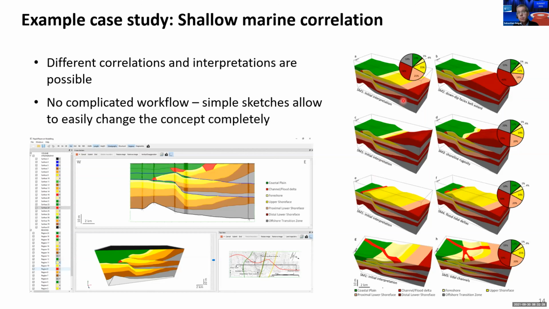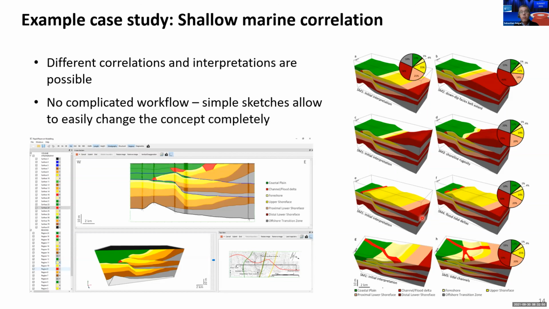As we're building these models, and it takes us minutes to build them, we immediately get feedback on the volumetric properties of the different facies. You see how the amount of reservoir facies and the gross pore volume change as we add and remove certain geological features based on our interpretations.